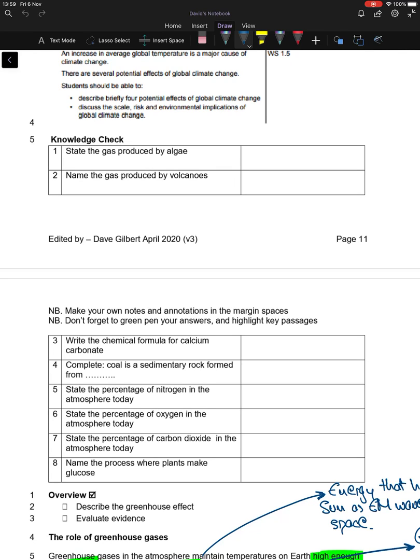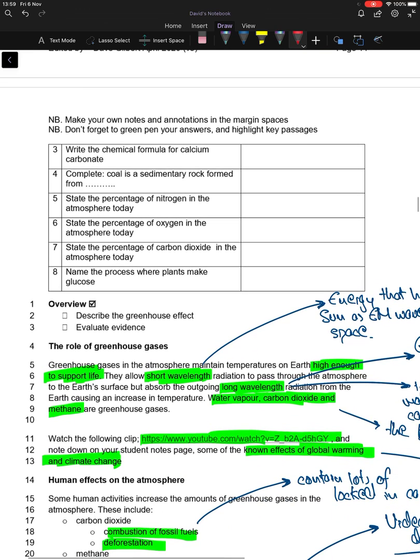So if we go through the answers nice and quickly, gas produced by algae, you'll find to be oxygen. Name a gas that is produced by volcanoes. You could be putting carbon dioxide or sulfur dioxide. Write the chemical formula for calcium carbonate. That is CaCO3.